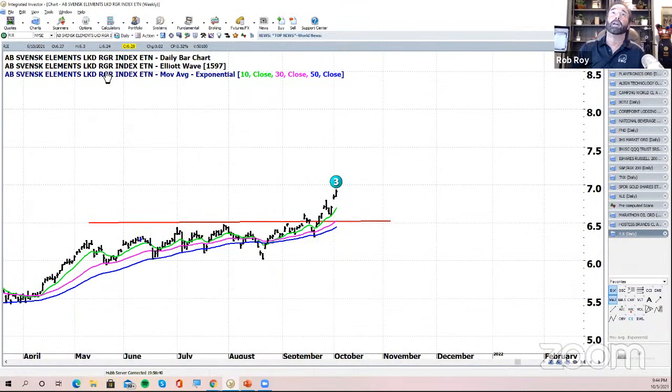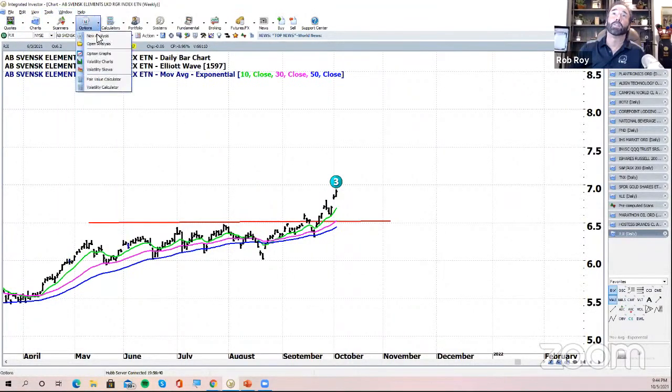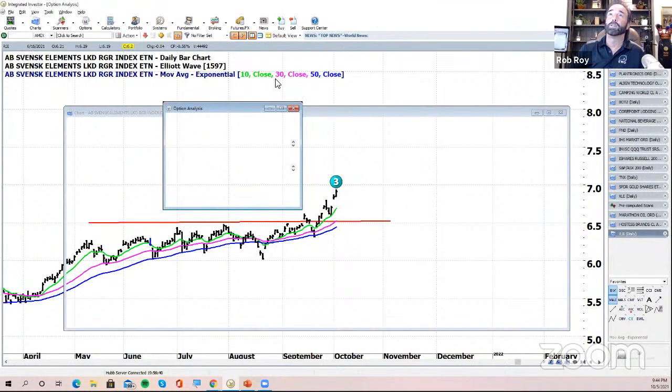So let's take a look at the options and see what perhaps we can see from here with options analysis, see if there's decent option liquidity here for RJI.